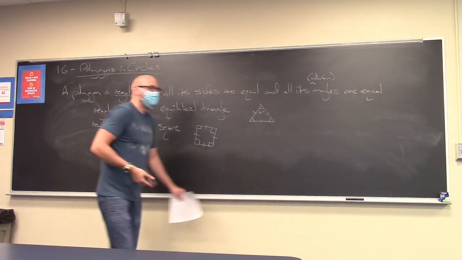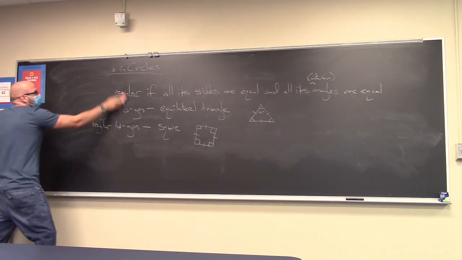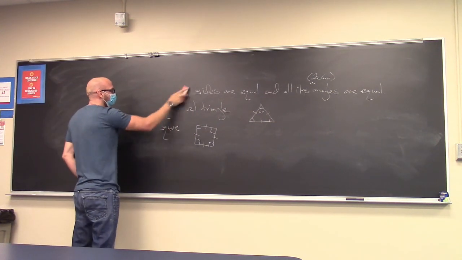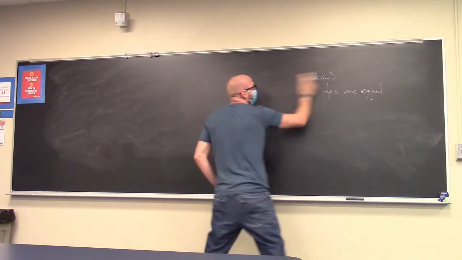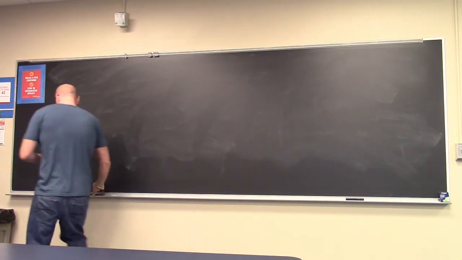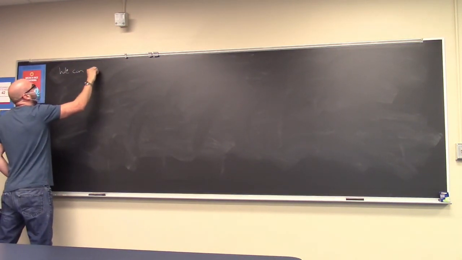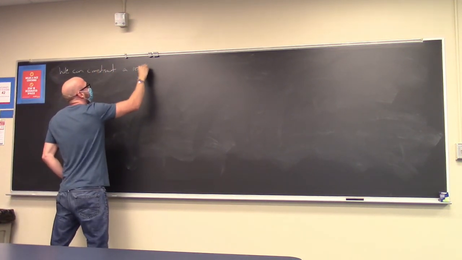So the first observation is that using circles makes constructing regular polygons really quite easy. So we can construct a regular n-gon.